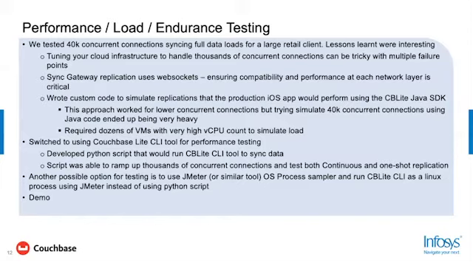You don't have to rely on Python for this. You could do it in any number of different ways, because the bottom line is you're using the Couchbase CLI tool to sync. And obviously, there are process sampler plugins within JMeter.